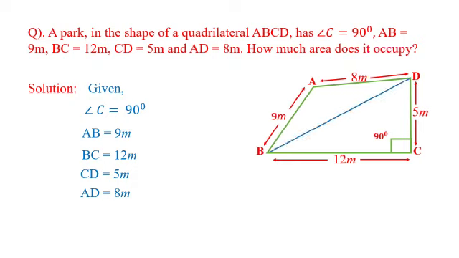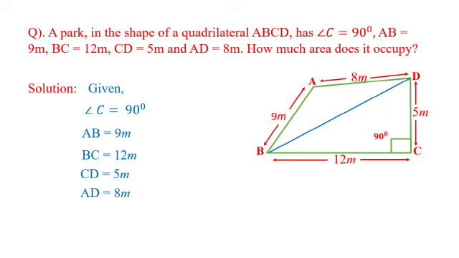I'm going to join BD, because when we join BD, we get one of the triangles as a right angle triangle. Clearly you can see that triangle BCD is a right angle triangle with 90 degrees, and we get another triangle which is ABD.